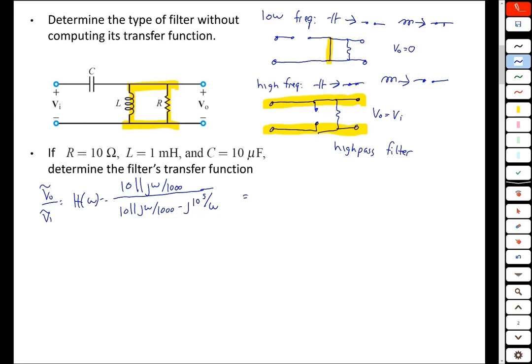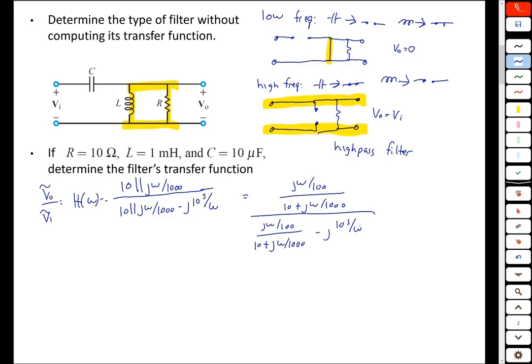You work out the math. Remember, things in parallel, it's a product over the sum. So 10 in parallel with j omega over 1,000 is a product, which is j omega over 100, over the sum, 10 plus j omega over 1,000, all over the same thing, minus j 10 to the 5th over omega.